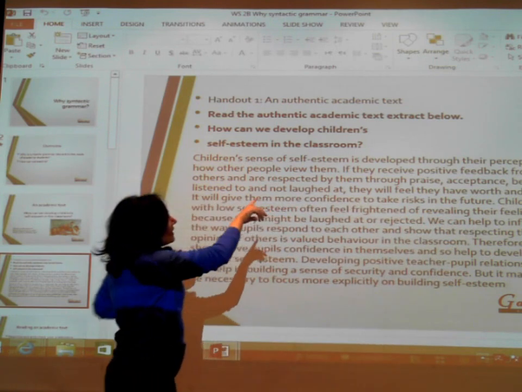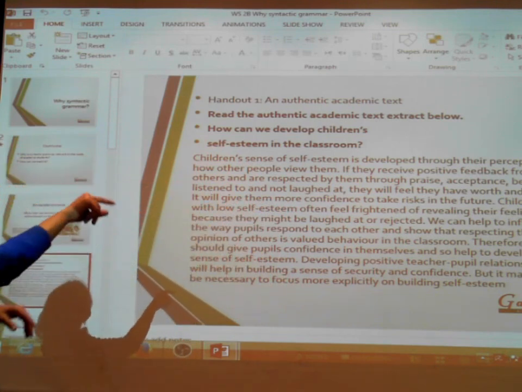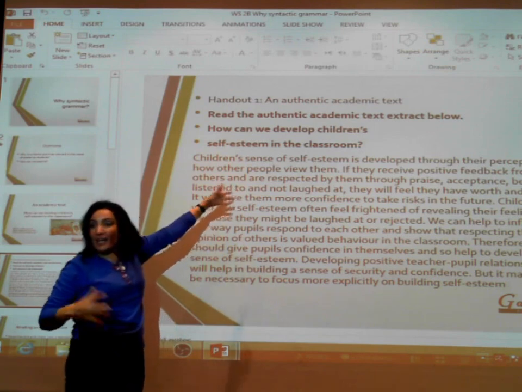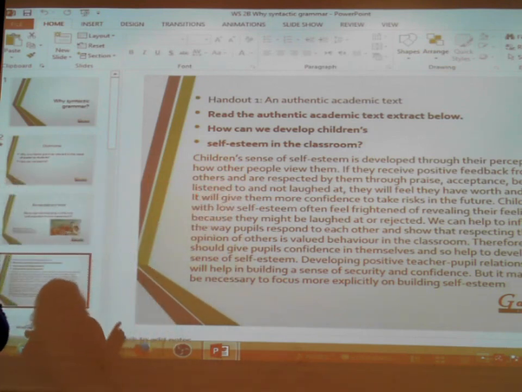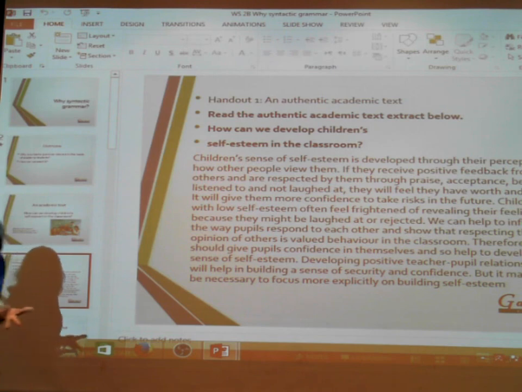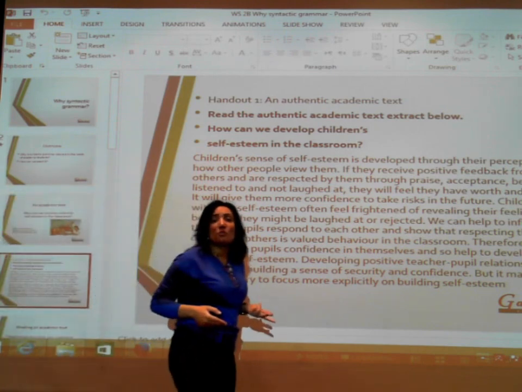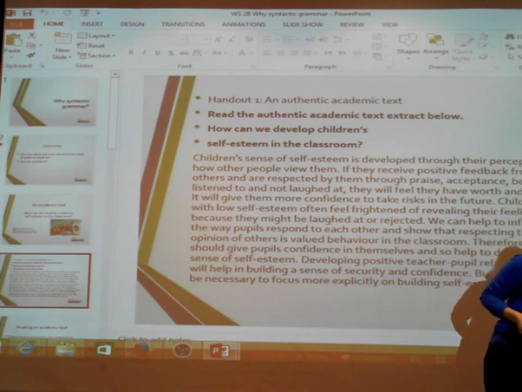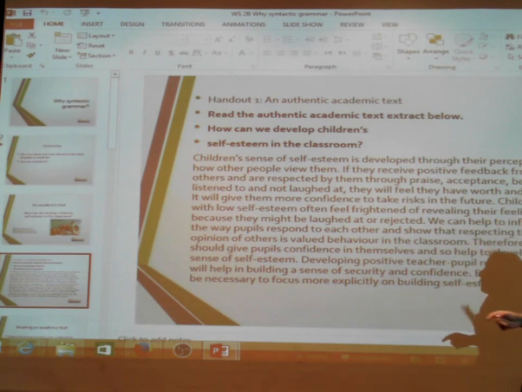One important sentence: if they receive positive feedback from others, and they are. صح؟ The repetition of subject, because we need contracted forms in order to avoid repetition of subject. Very good. The concept itself. I mean, do you think most of our students for the 099 will understand يعني ايه self-esteem? لا خالص. What else?